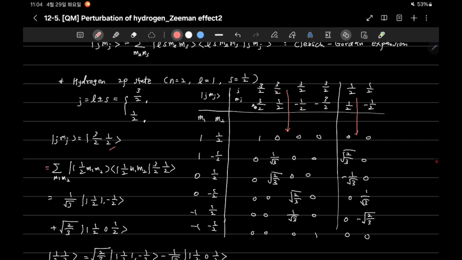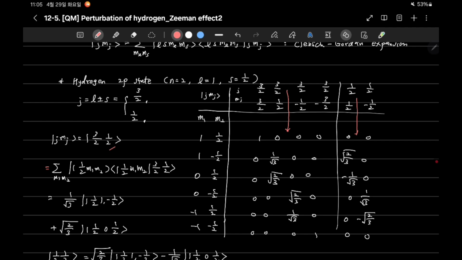In the 3/2 case, there are 4 possibilities, and in the 1/2 case, 2 possibilities. In each case, the magnetic quantum number ML is for L equal to 1. So 3 possibilities, 1, 0, -1, and correspondingly there are 2 MS states. MS is the spin up and spin down case.